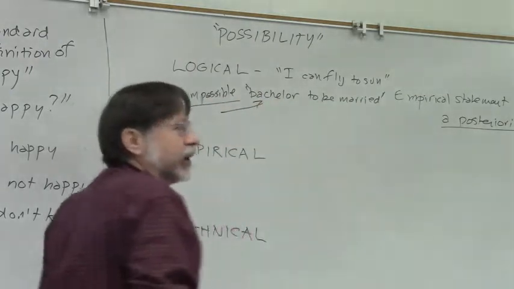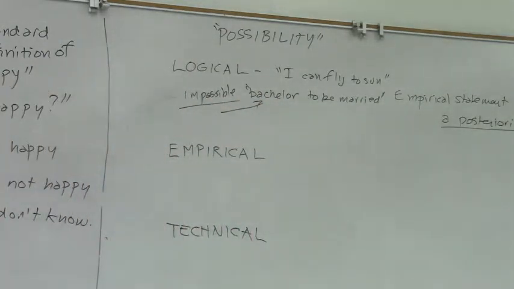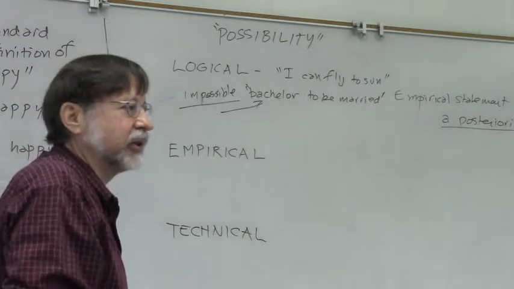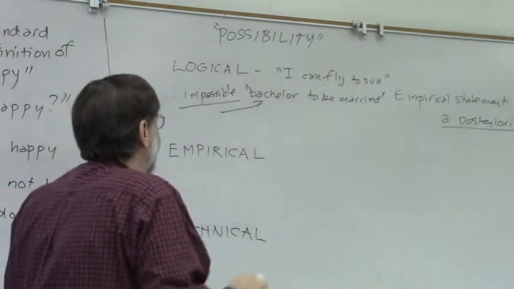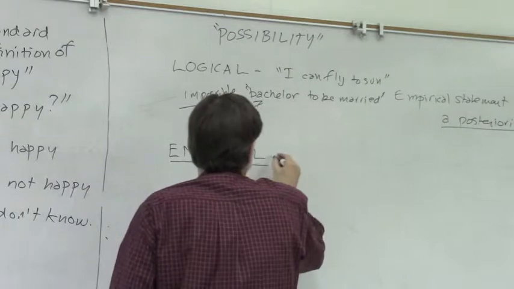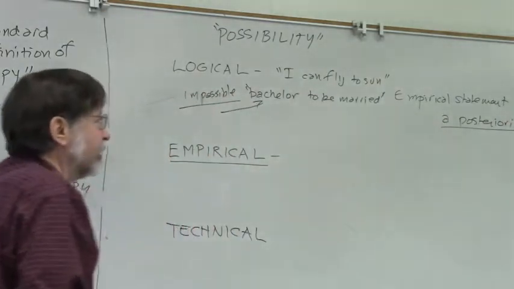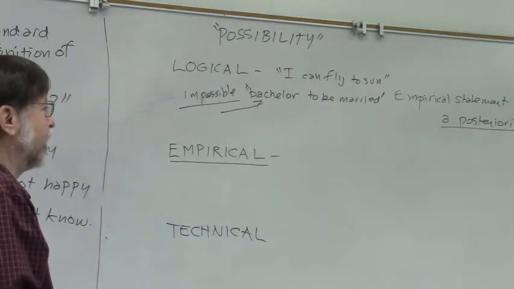A bachelor can't be married. It's logically impossible. It's logically possible for a bachelor to fly to the sun and back in 0.01 seconds. It's not logically possible for a bachelor to be married. It's empirically impossible for me to fly to the sun and back, or for a bachelor to fly to the sun and back.